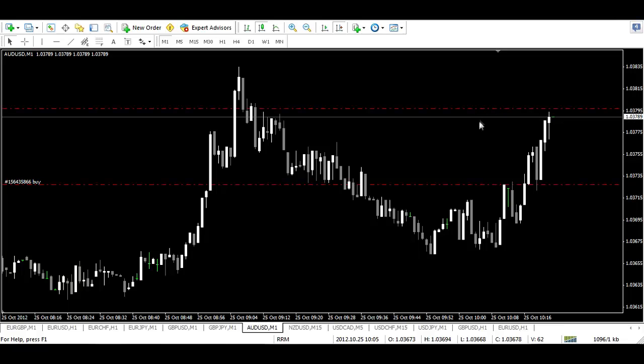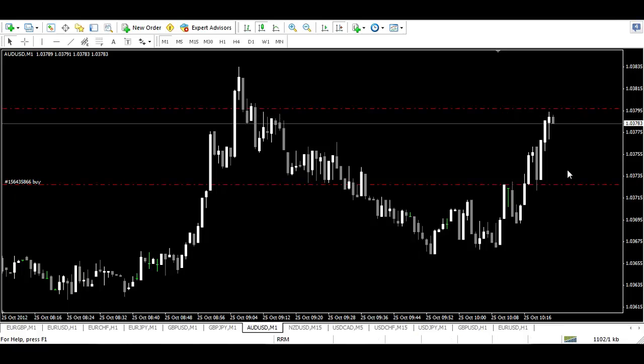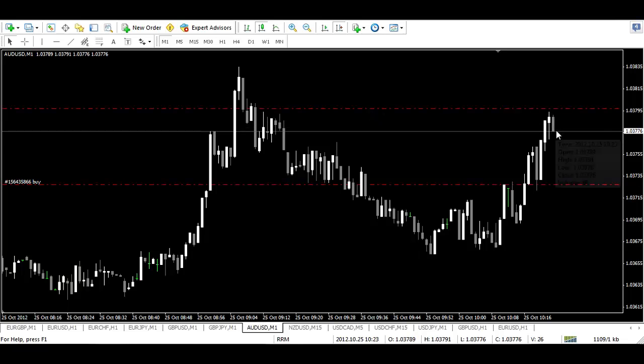Now, I don't want to put the video on pause as of right now, because we only have to touch the line as we go upwards, as we're buying. These take profit and stop loss lines only need to be touched by the bid price. So we're right there. We're so close to this. So I don't want to put the video on pause. I guess if we get a little bit of a pullback, I will.